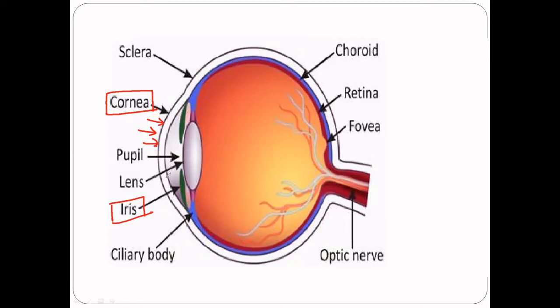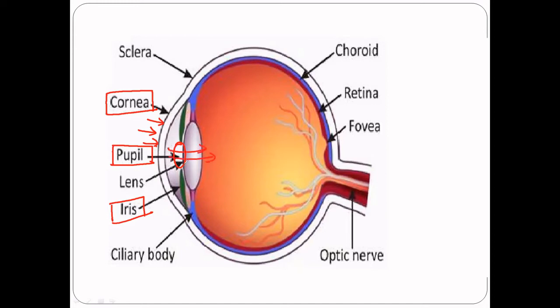It provides different color, and it also controls the size of the pupil. The pupil is just the hole which is present between the iris. Actually, the pupil is that part through which light enters inside the eye.